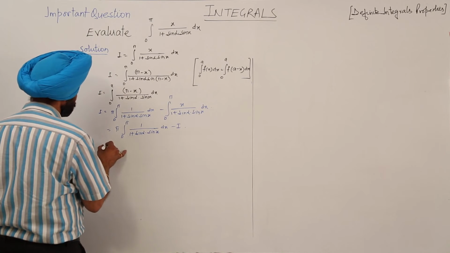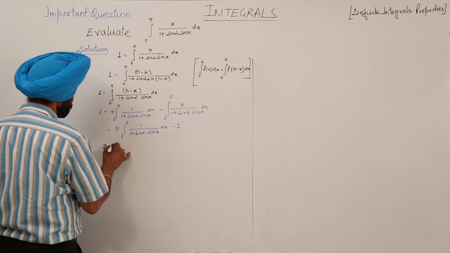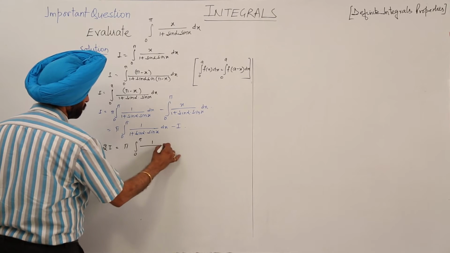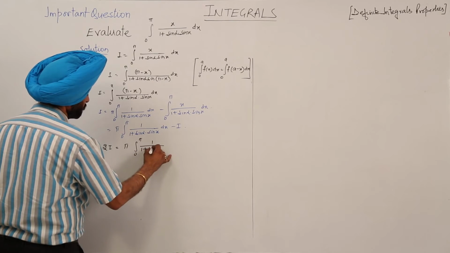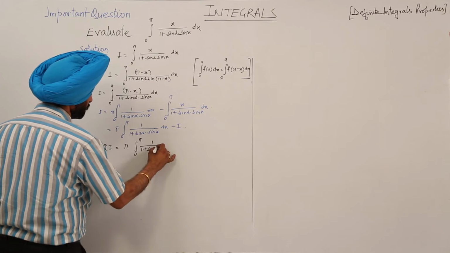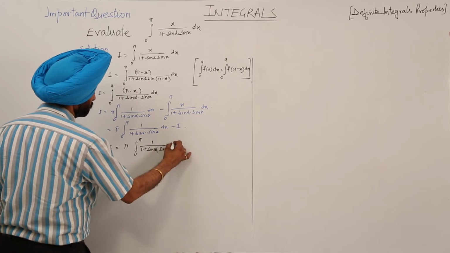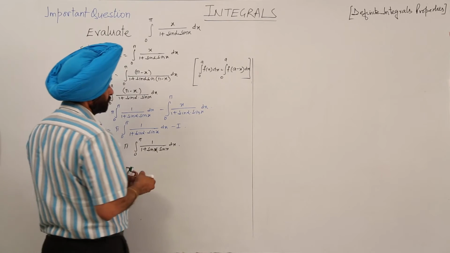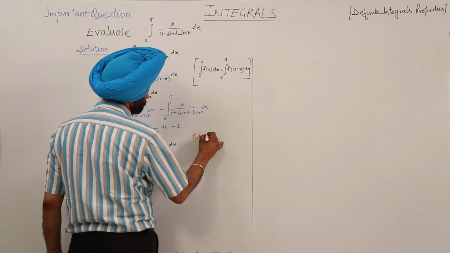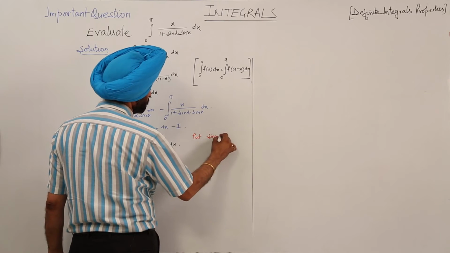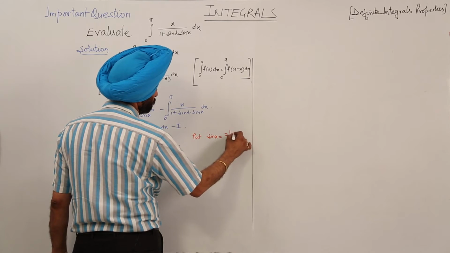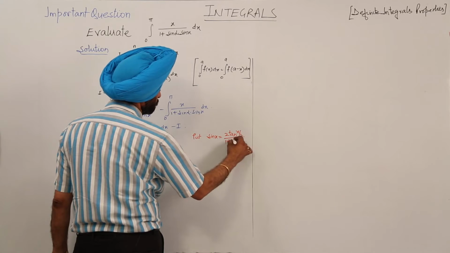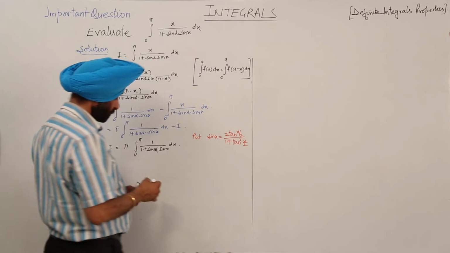Now we are having 2I is equal to pi times integral 0 to pi of 1 upon 1 plus sin alpha sin x dx. Now put sin x is equal to 2 tan(x by 2) upon 1 plus tan square(x by 2).